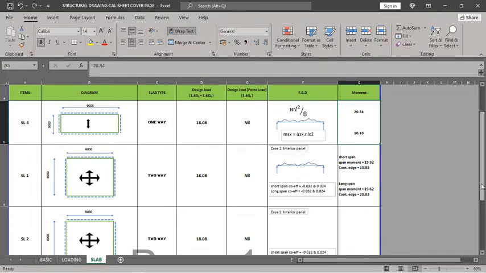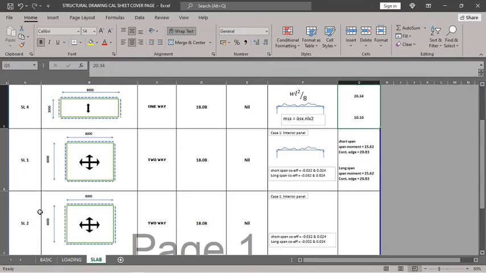Now panel 1 is a two-way slab, and panel 1 and slab type 2, panel 2, if you check very well, I will almost get the same thing. So I only made the moment for slab type 1, because checking it, you will discover that you will get the same moment coefficient, because they are both interior panels.